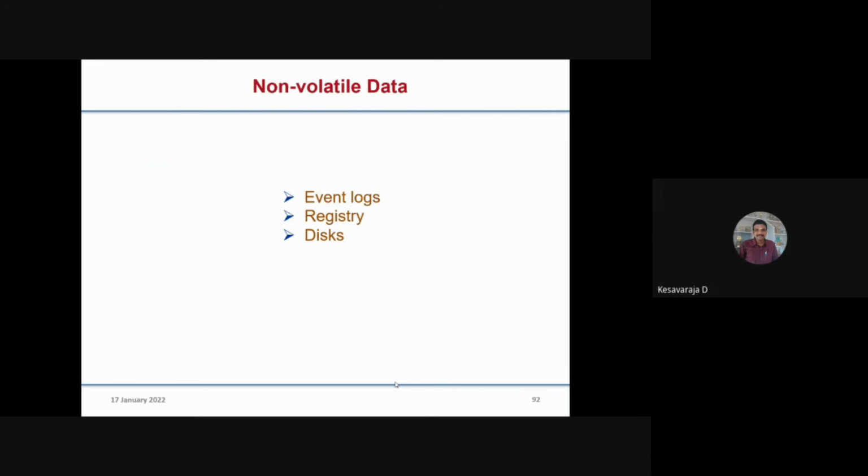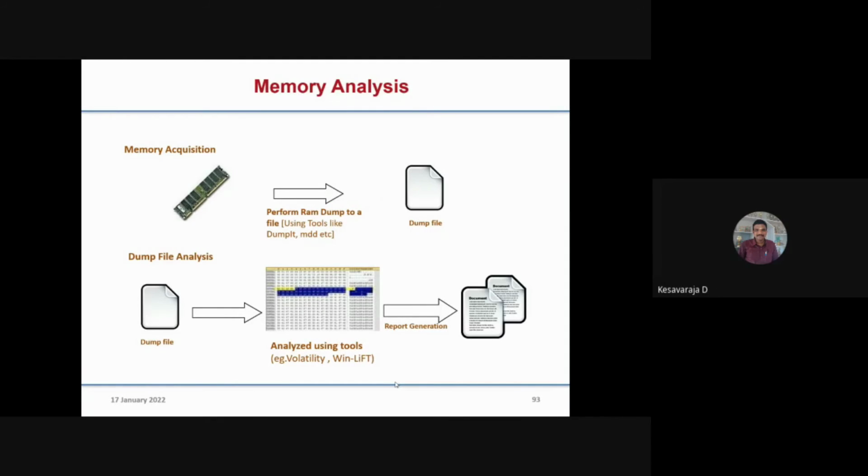Normally it captures the entire event log, registry as well as disk. Before some of the live forensics tools, there is some basic activity. The first and foremost basic activity is named memory analysis.